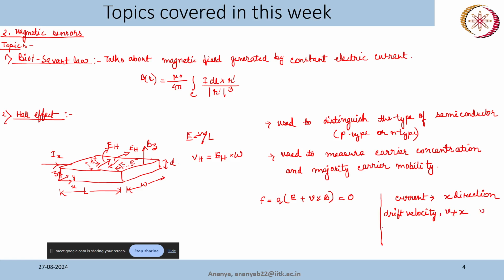Okay. Now magnetic field B, that is in z direction. And Hall voltage or electric field generated due to Hall effect, that is in y direction. Now I am considering EH or VH as positive if it is in positive y direction.